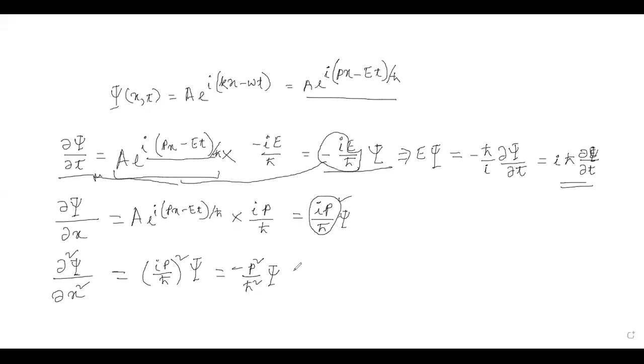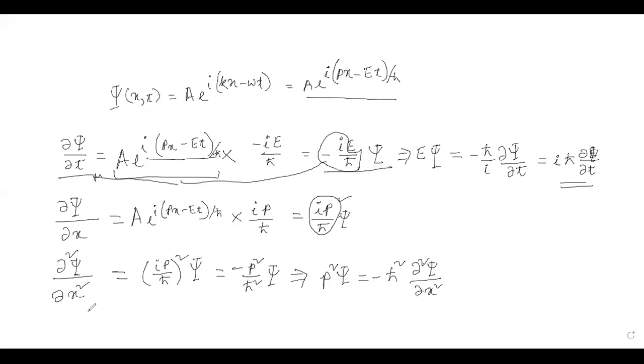And from this equation, if I take minus 1 by h bar squared to the left hand side, what do we get? p squared psi is equal to minus h bar squared del 2 psi by del x squared.